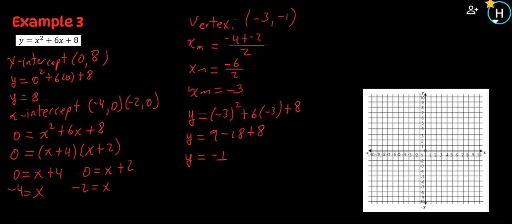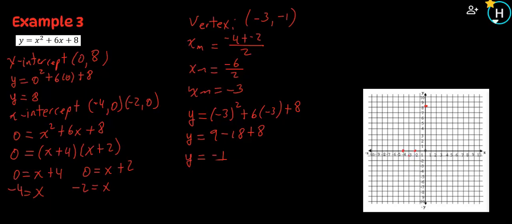Now, I'm going to locate the points. The y-intercept 0, 8. The x-intercepts negative 4, 0 and negative 2, 0. And the vertex negative 3, negative 1.